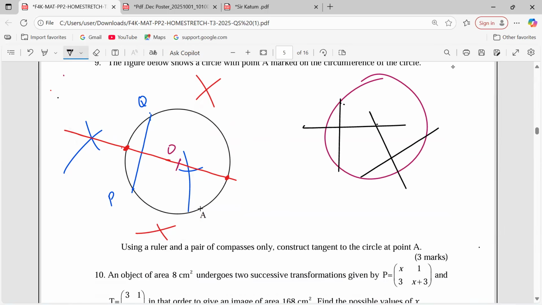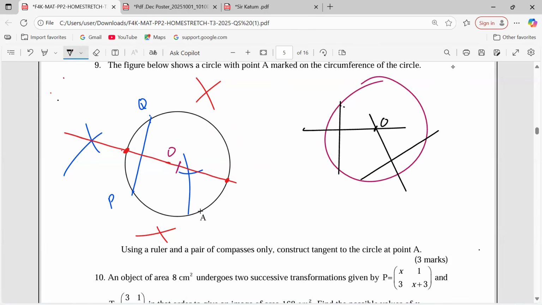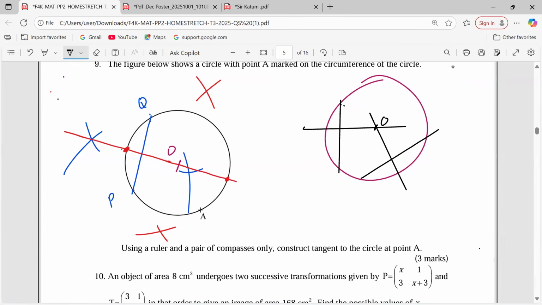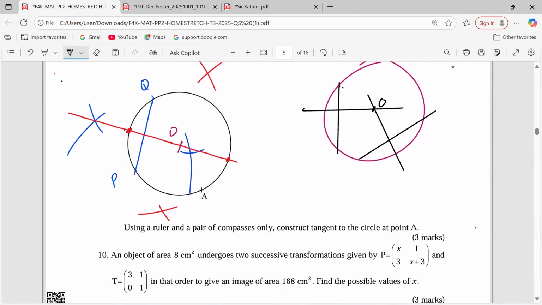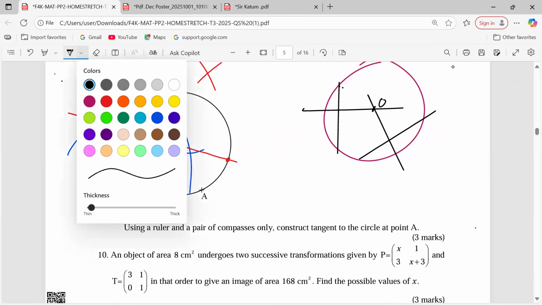Where the bisectors of the chords meet becomes our center, because both bisectors are passing through the center. So it can be an alternative way of identifying the center of the circle. Now we have the center and a point A where we want a tangent to pass through.